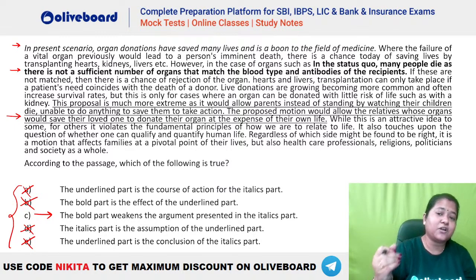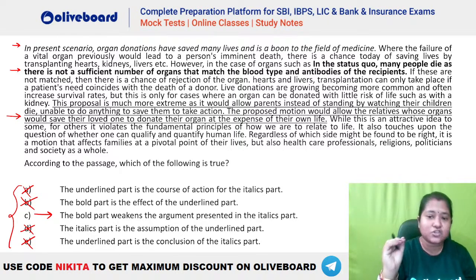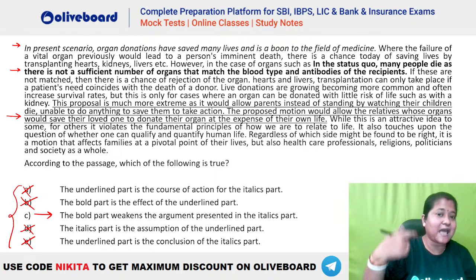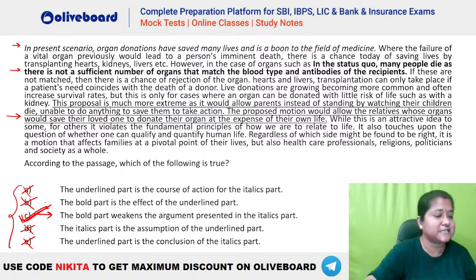If the antibodies and the blood type itself are not matching between the donor and the recipient, that means organ donation would fail, isn't it? So you can see that the bold part is actually weakening the one given in the italics here. Are we clear, everybody? So the answer to this question has to be option C. Are we clear, guys? Please let me know if we have any doubts in here. Everyone clear?